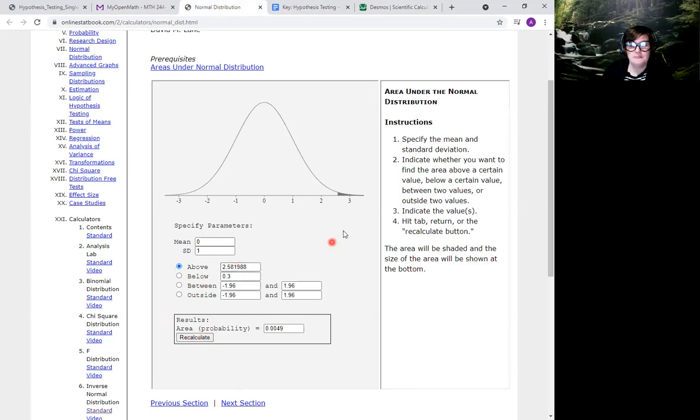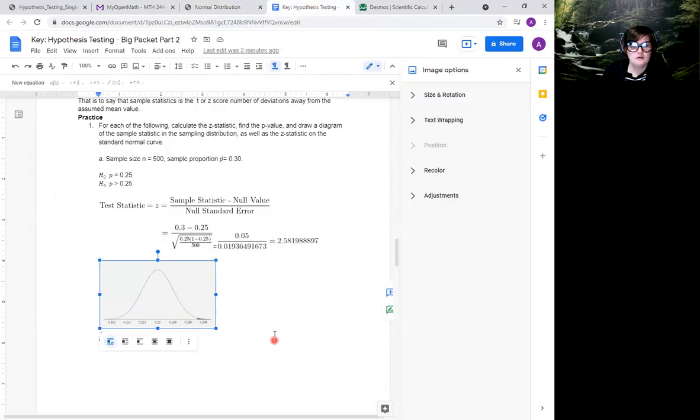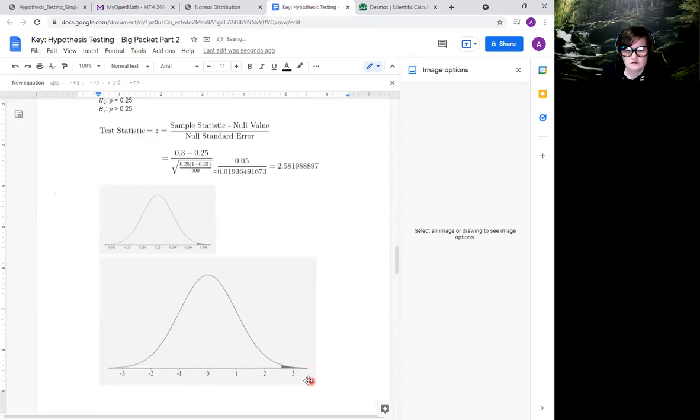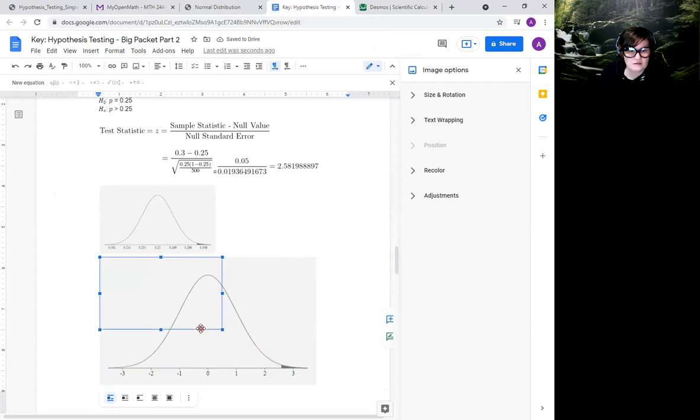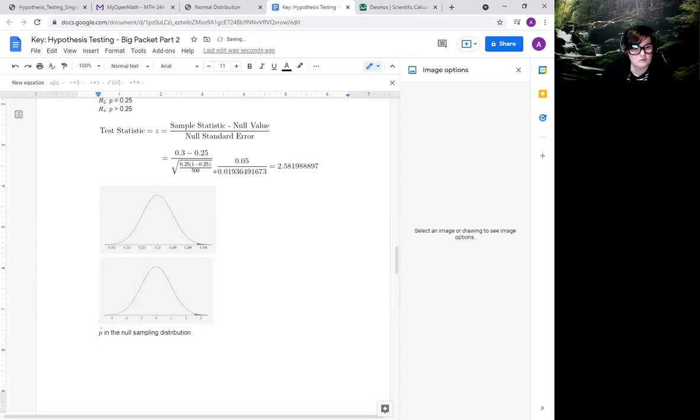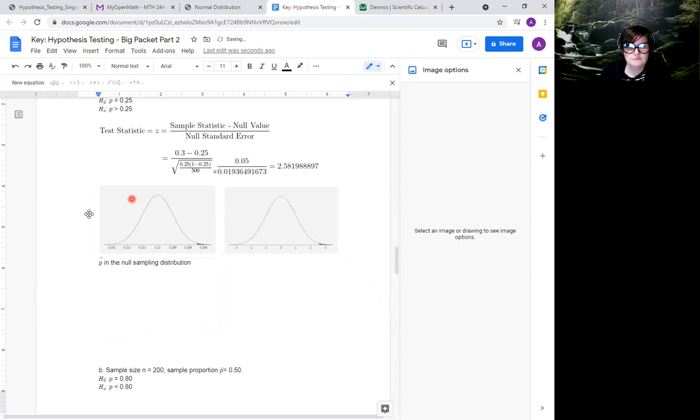And look at that. Is that not almost the exact same picture? In fact, the only thing different between them is their labeling. There you go.